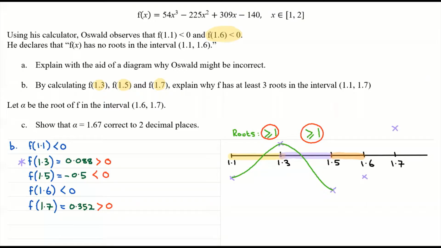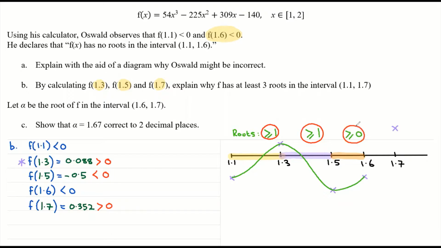Now, that doesn't necessarily mean that there is no roots, okay? But it does mean that there is either no roots at all or an even number of roots. So for the sake of this, because we're looking at the least possible we can have, then we'll keep it as no roots. So the least possible is 0 for that interval.